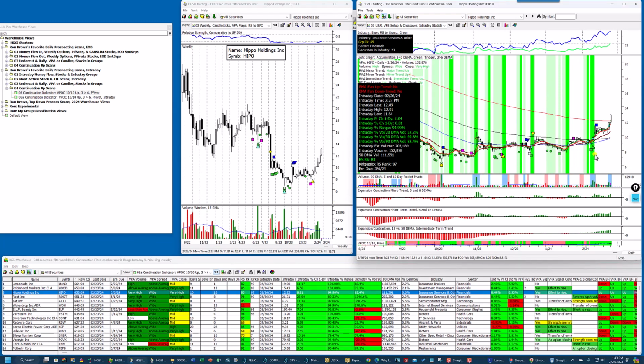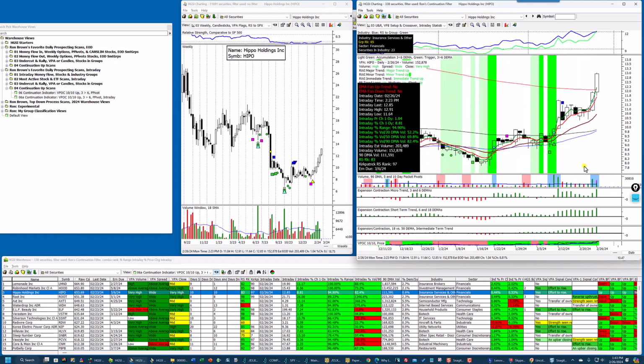Now look at this one right here. Once again, I'll move in on it. Hippo Holdings. On the weekly chart, it's got 3 higher highs, so the trend is up here. The group's moving up. It's outperforming the group.